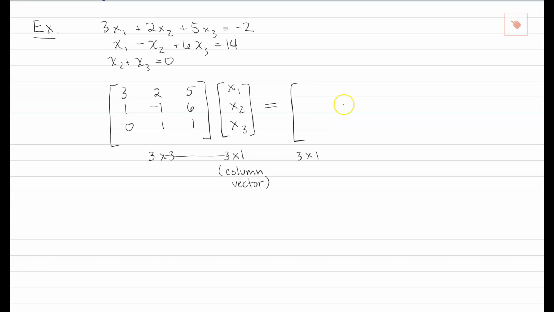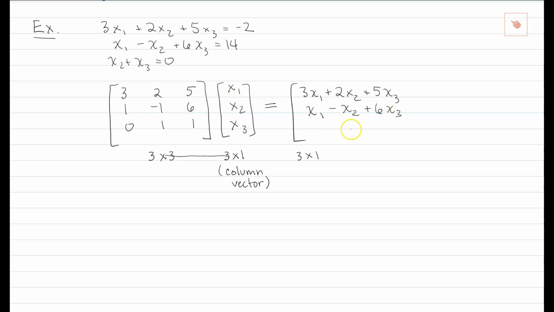And let me erase this for a second. We're going to take the dot product of those two things as vectors. So we'll take 3 times x1 plus 2 times x2 plus 5 times x3. And then to get the second entry, we're going to use the second row and the first column, the only column. So we'll have 1 times x1 minus 1 times x2 plus 6 times x3.